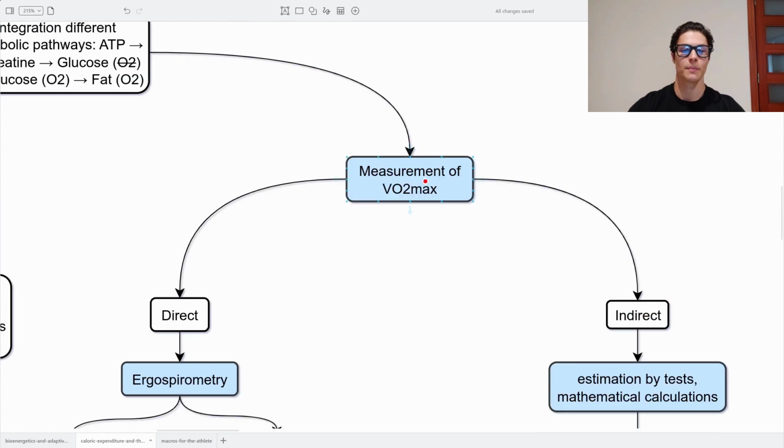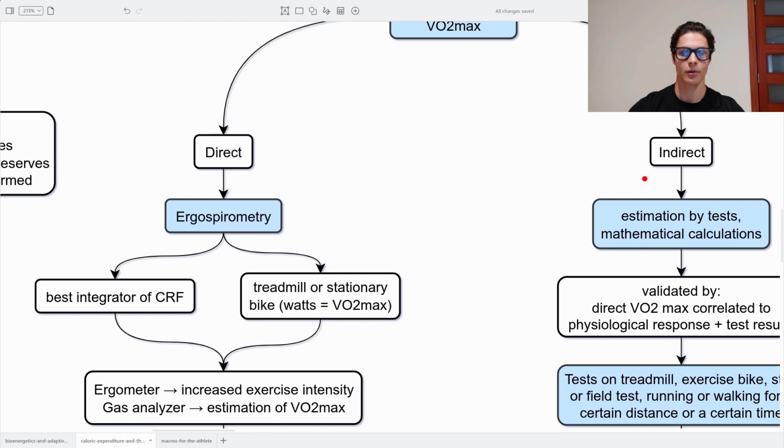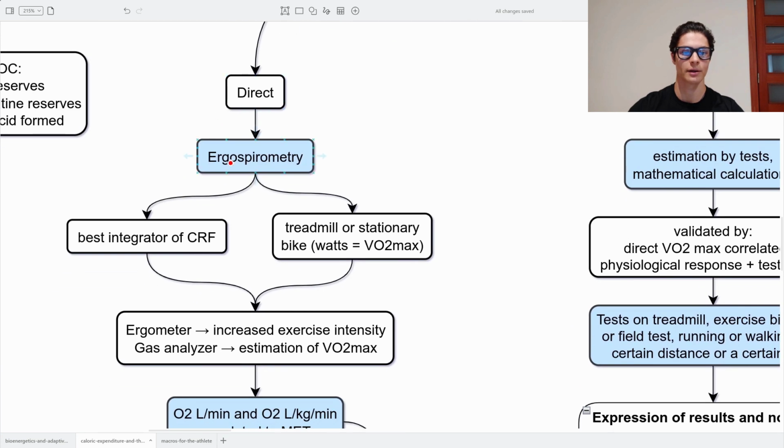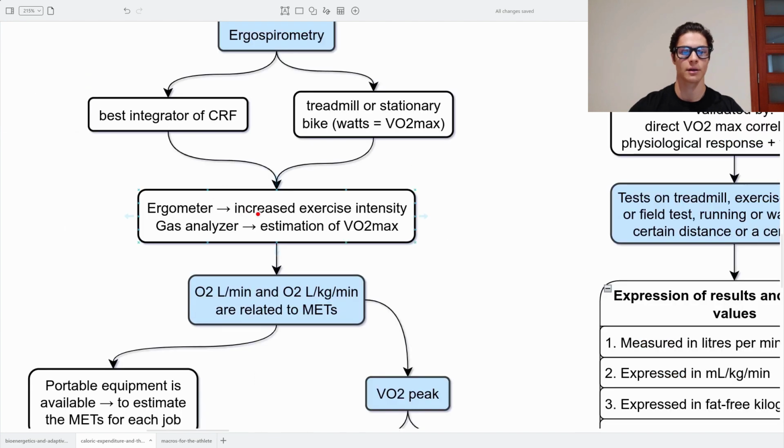On the other hand, we have the measurement of VO2 max. This is done directly or indirectly. The direct one uses ergospirometry, which is the best integrator of cardiorespiratory fitness. Here we use a treadmill or a stationary bike that measures the watts, which is correlated with the VO2 max. The ergometer increases the exercise intensity, and we use a gas analyzer to estimate the VO2 max, the volume of oxygen consumed.